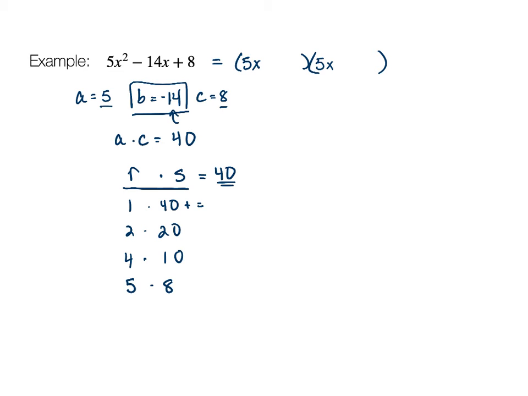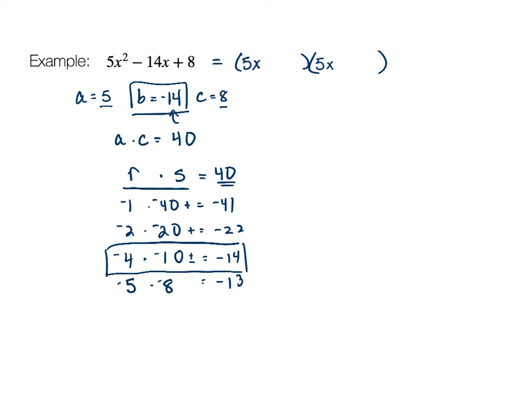Because they add to a negative 14, it also tells me they both have to be negative. So I'm going to go ahead and mark those, and we'll just do all their negative sums. This would be negative 41. This would add up to negative 22. This would add up to negative 14. This would add up to negative 13. I think I wanted to stop right there, though.